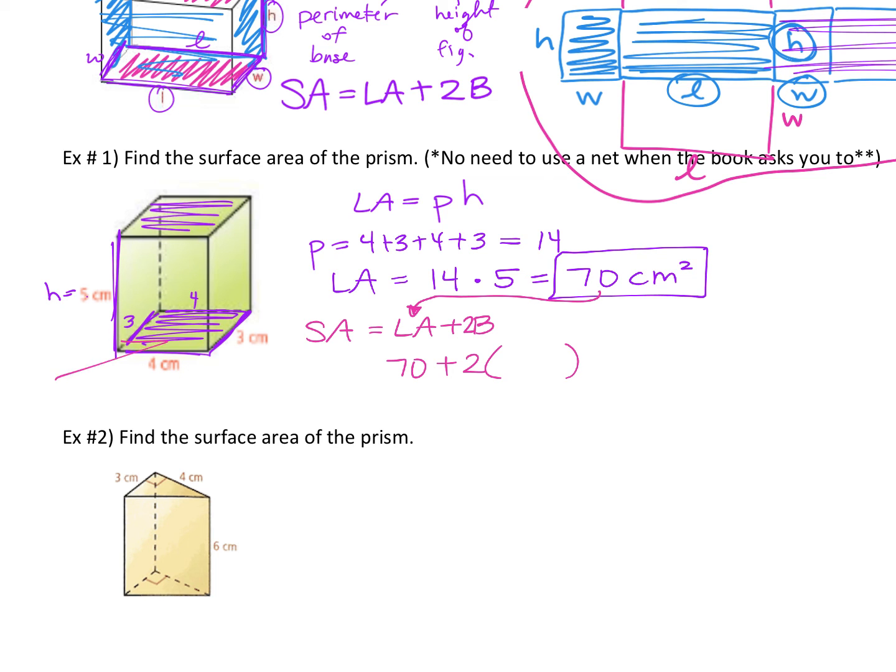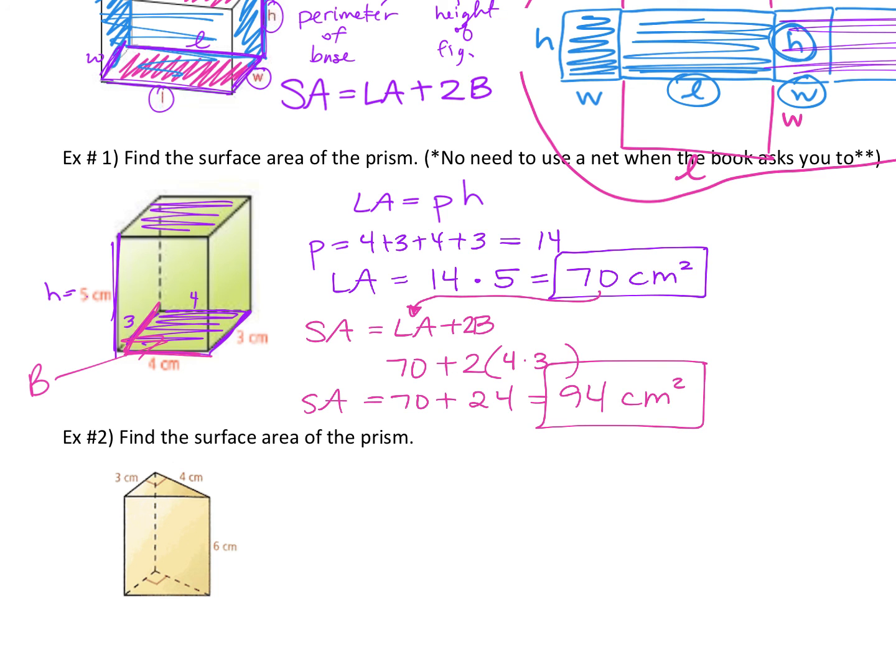Our base is down here. What is the area of that? 12, it's 4 times 3. So 70 plus 2 times 12, which is 70 plus 24. So our surface area is 94 square centimeters.